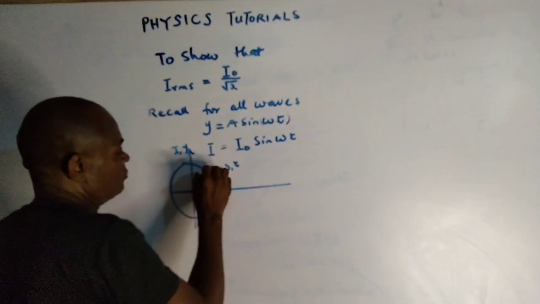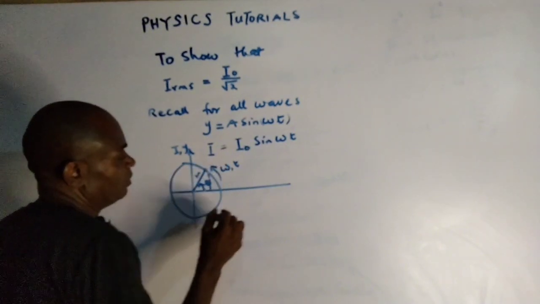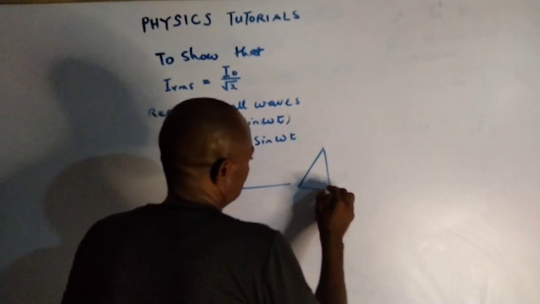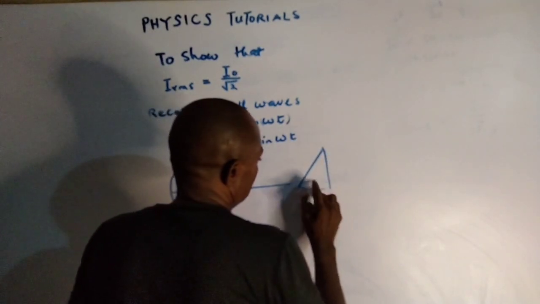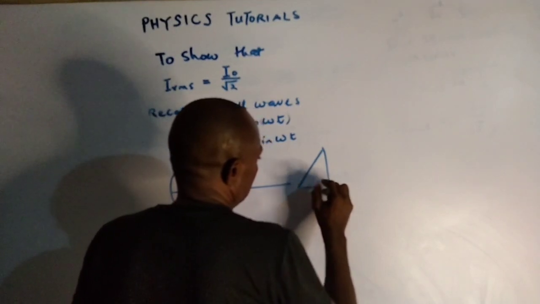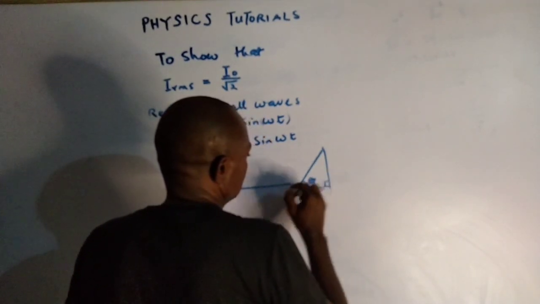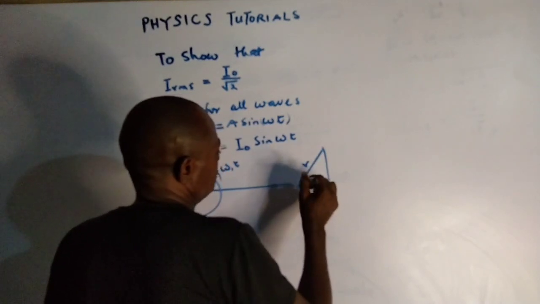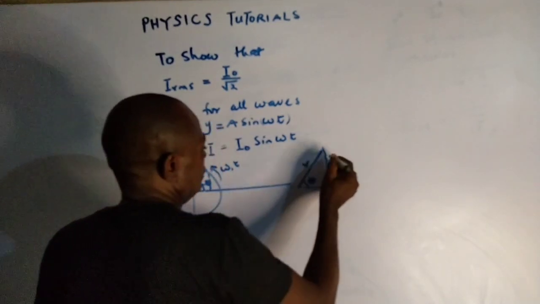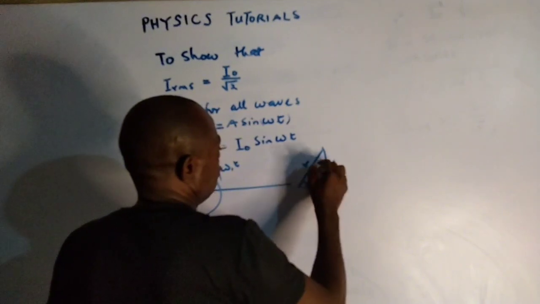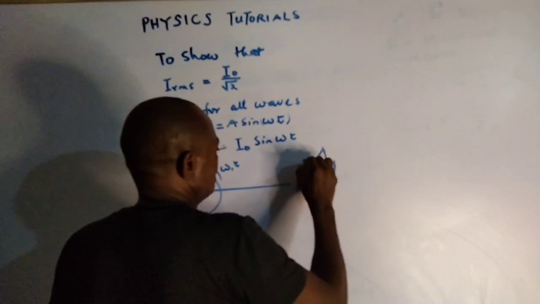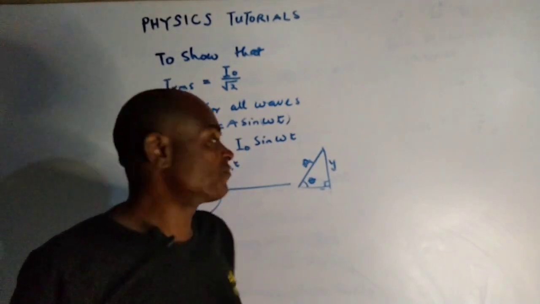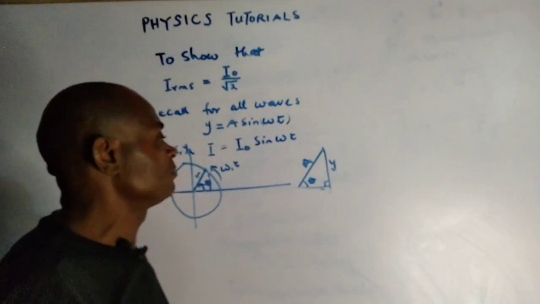So this is the maximum amplitude. If we draw a straight line down, we get something that looks like this. This is the phase angle, this is the radius, and this is the y. The radius is also referred to as the amplitude, the maximum displacement of the wave from the point of equilibrium.